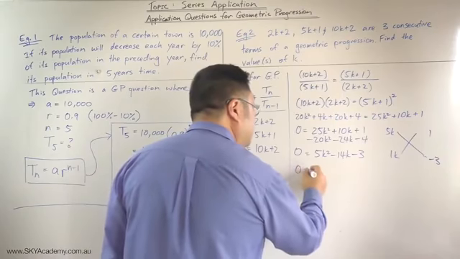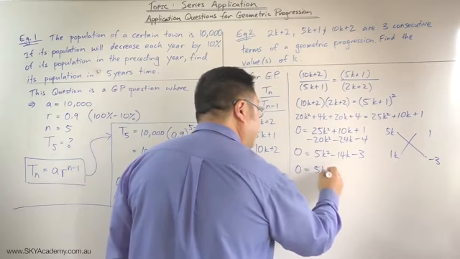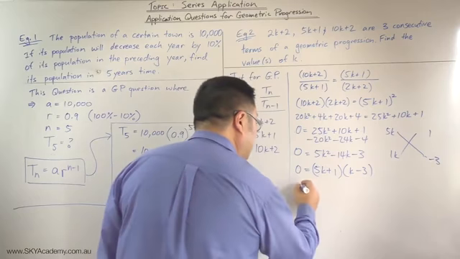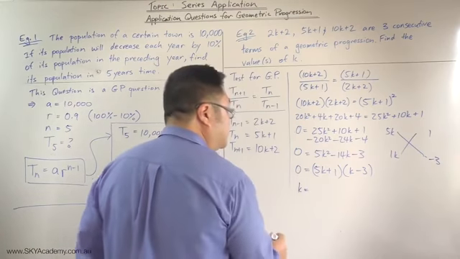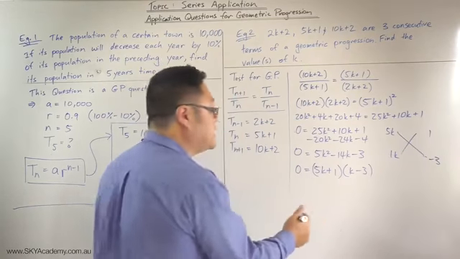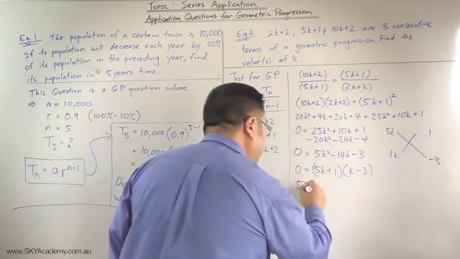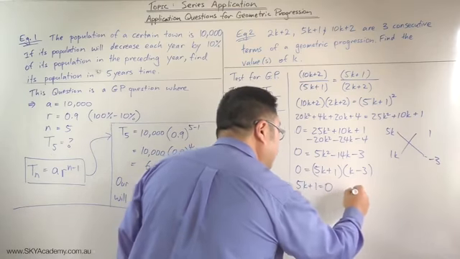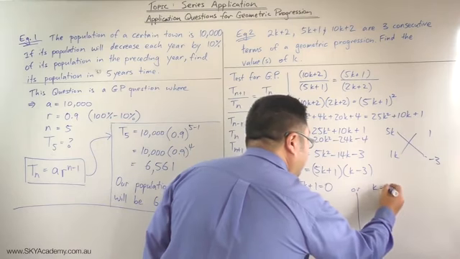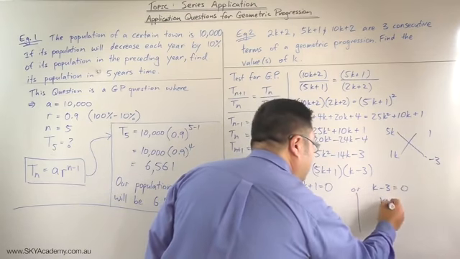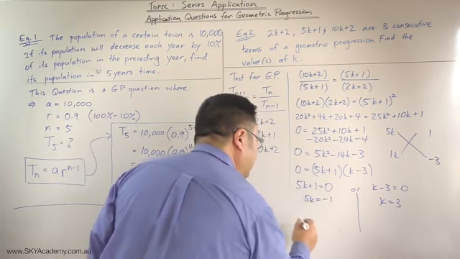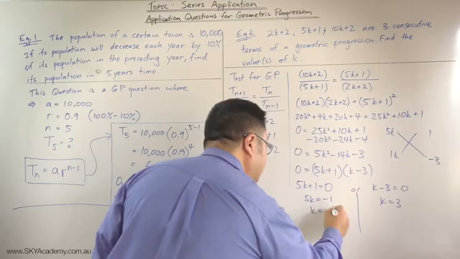So you've got 0 is equal to 5k plus 1 times k minus 3. I could probably just go straight to the answer, but let me do it properly for you. 5k plus 1 equals 0, or k minus 3 equals 0. k is equal to 3, 5k is equal to minus 1, k is equal to minus 1/5.